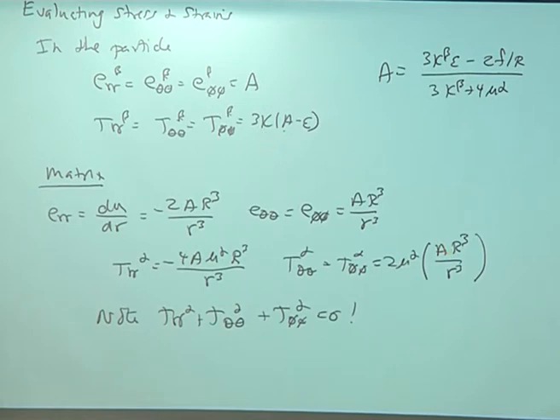Inside, it's 3K beta A times epsilon. And so you can see that T theta theta and T phi phi actually jump at the interface. They're discontinuous. So at the particle matrix interface, T theta theta and T phi phi jump as you go across.